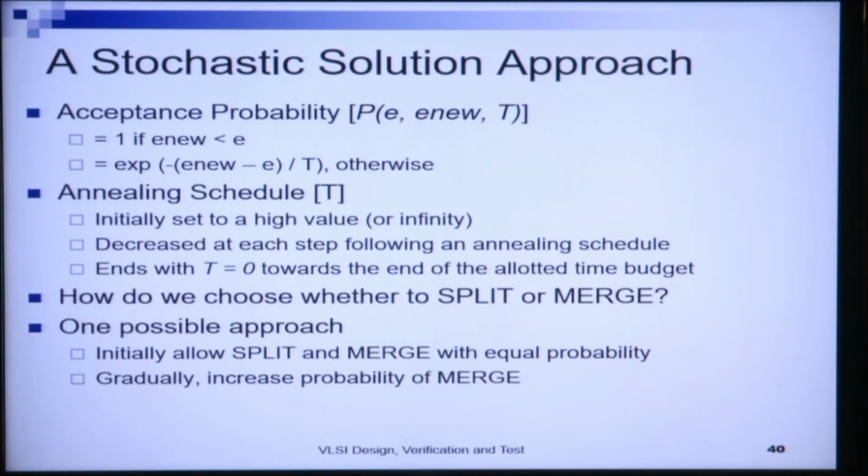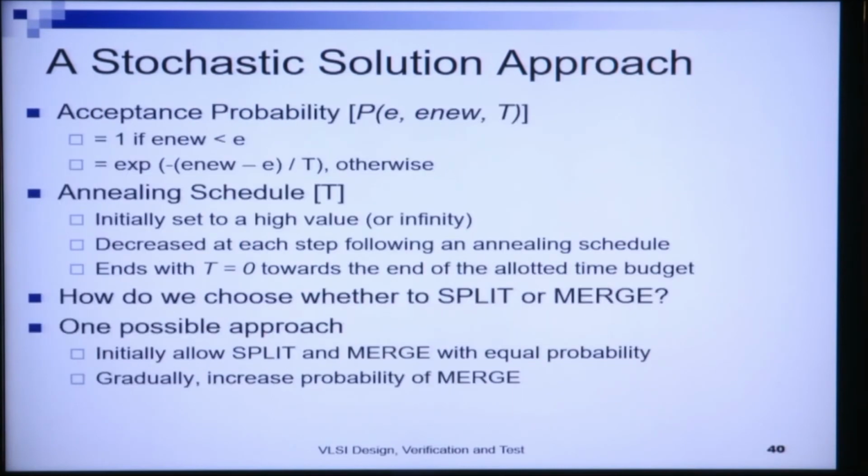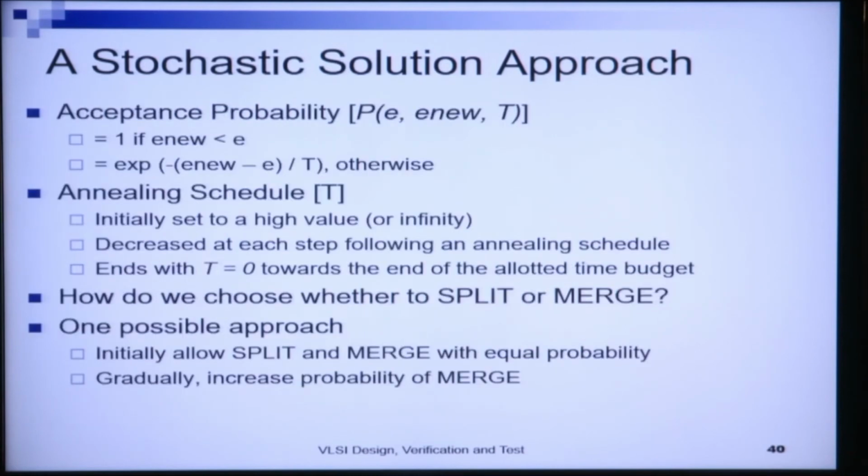And then I have a higher chance of P of E comma E new comma T becoming higher than the random value, and therefore I have a probability of accepting a worse solution if 1 by e to the power E new minus E by T is greater than the random value.